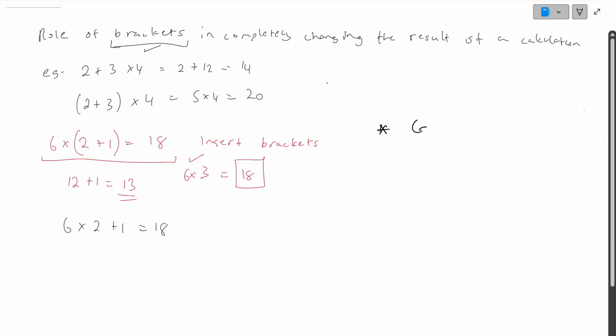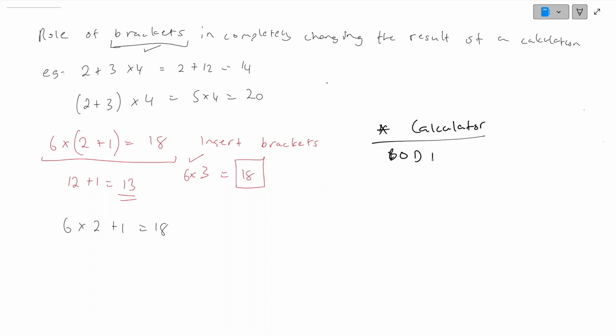One more tip regarding your calculator. All calculators apply these order of operations, BODMAS, so you have to be very careful whenever writing anything in your calculator. For example, if you want to find the value of 5 plus 7 over 2, your first guess would be to write 5 plus 7 divided by 2.